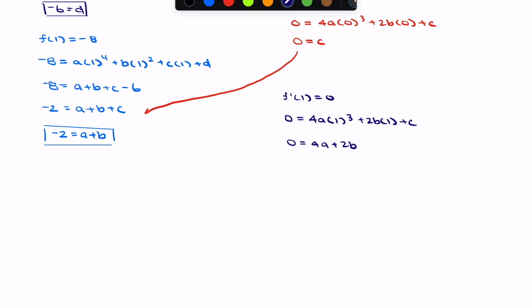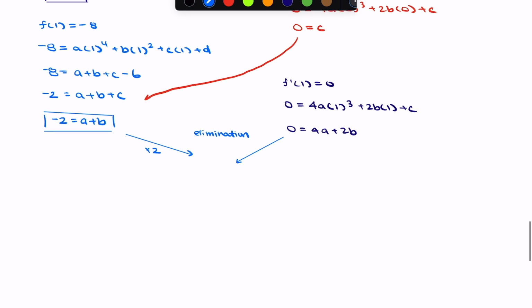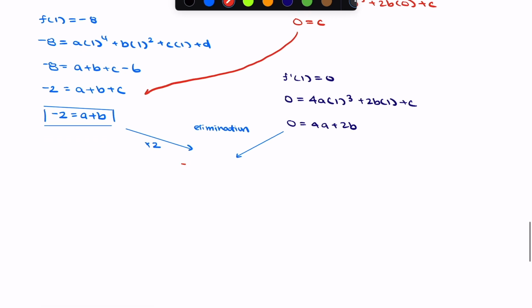So here we have two equations, two unknowns. So here we'll use elimination. What we'll do here is -2 = a + b. We'll multiply that by 2, so here we can get rid of the b value. So we have -4 = 2a + 2b.